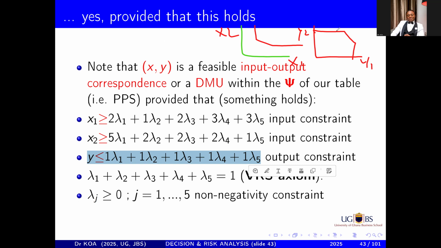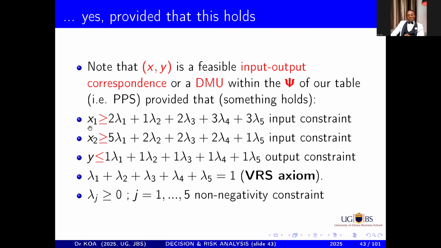Because remember, these lines were created as constraints. So this very example that you see here shows that a particular input is greater than the technology or equal to the technology. In other words, your input can be more than what is supposed to be, which means you are inefficient.